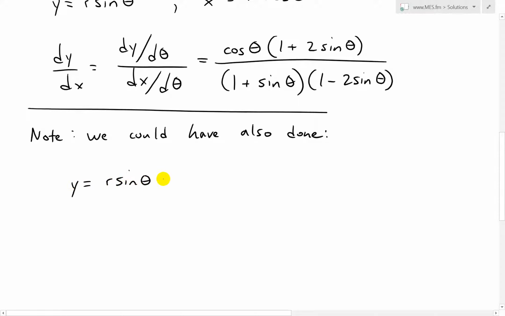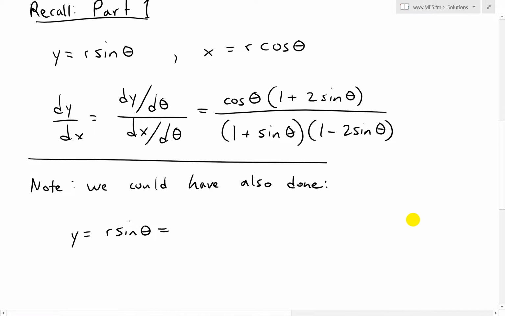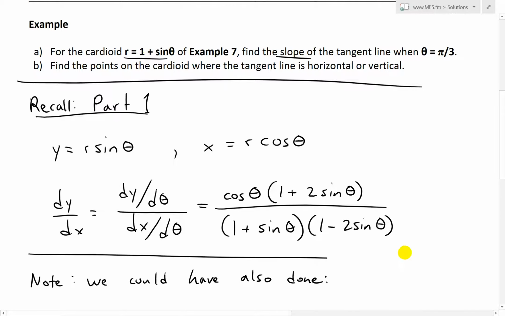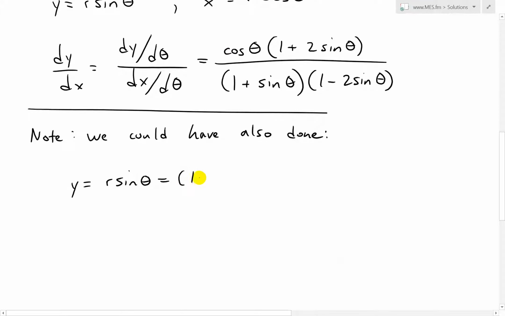If we plug in the formula r equals 1 plus sine theta, we can skip ahead. Again, it's just different ways of solving it, and I like this way better than the one I did in part 1. So y equals 1 plus sine theta times sine theta, and multiplying that out, this equals sine theta plus sine squared theta.